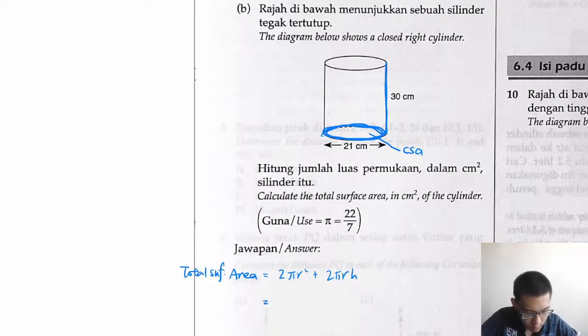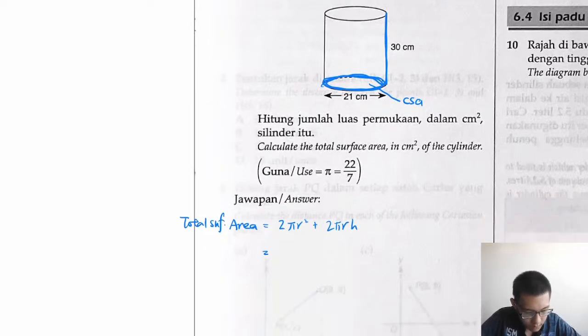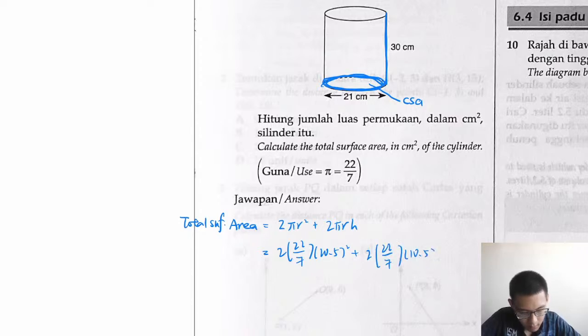So I just use 2 pi, r is 10.5 square, plus 2 pi r h, with h as 30.